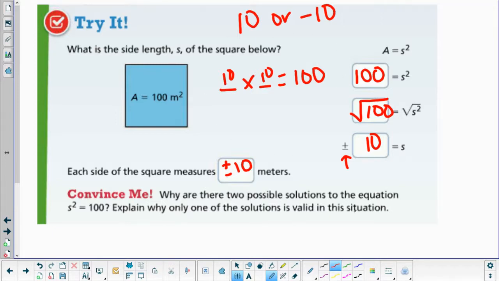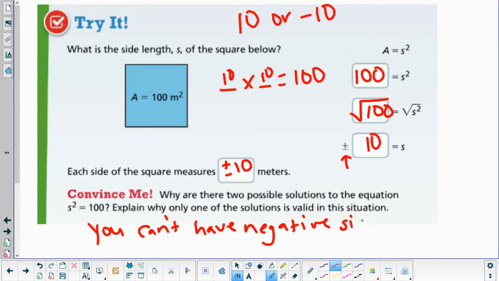And why is only one valid? You can't have negative lengths. There may be other cases in math where a negative number would be appropriate, but in this case, if I was a carpenter and I was making a table or measuring something, whatever I'm measuring would not have a negative value.